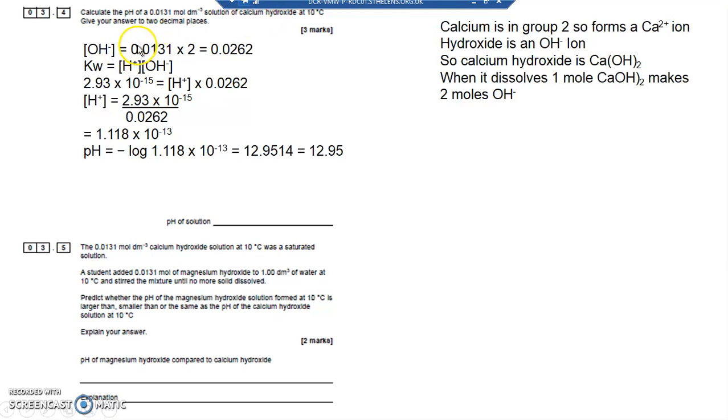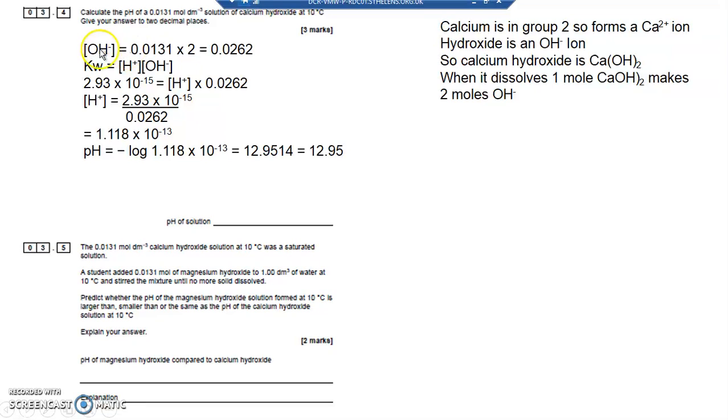So it says calculate the pH of a 0.031 mole solution of calcium hydroxide. If the calcium hydroxide solution has a concentration of 0.0131, then when the calcium hydroxide dissolves, I make 2 moles of OH-, so it needs multiplying by 2, 0.0262.